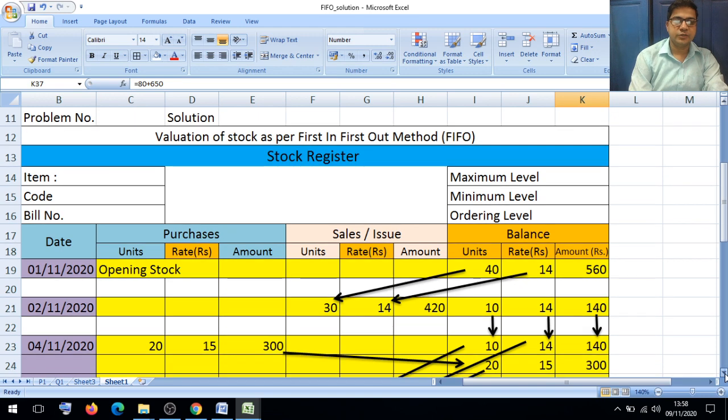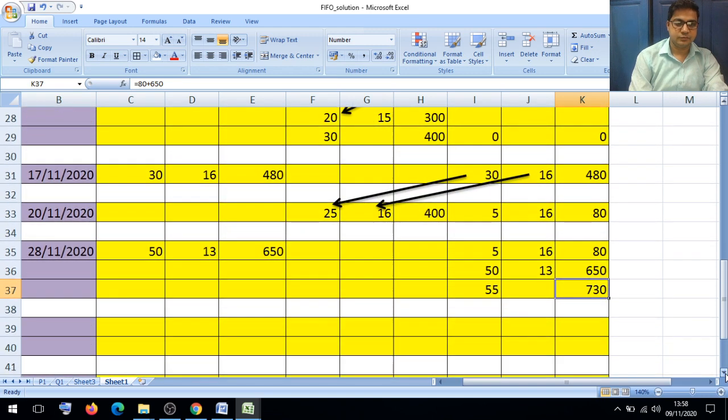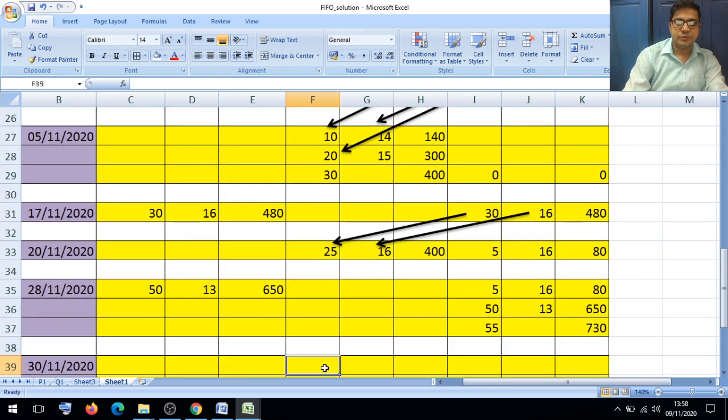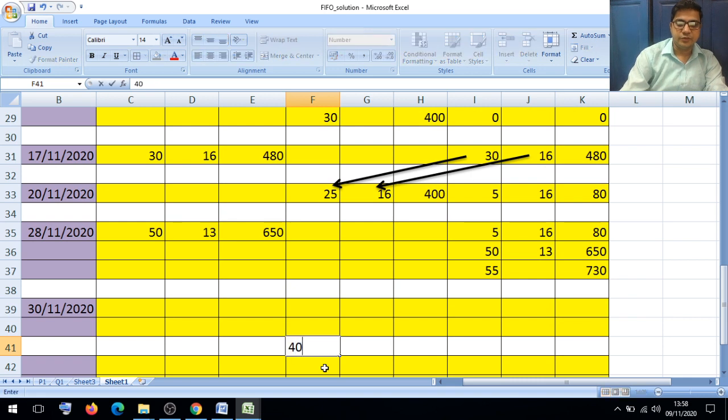40 units were sold. 30th November 2020. They want to sold. How many units? Units column we have to write in solds. We have to write how many units they want to sold. 40.